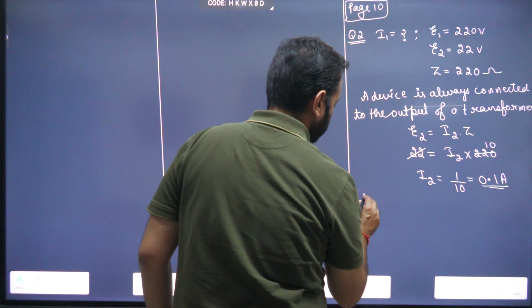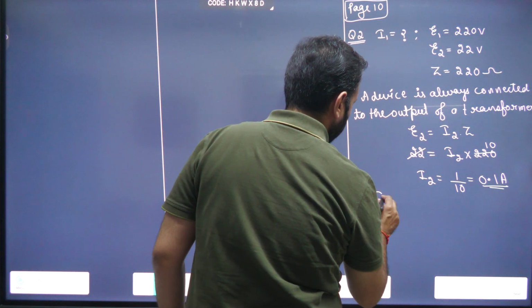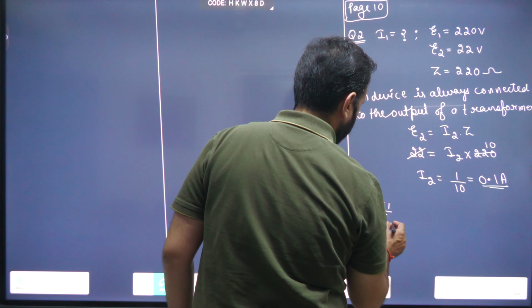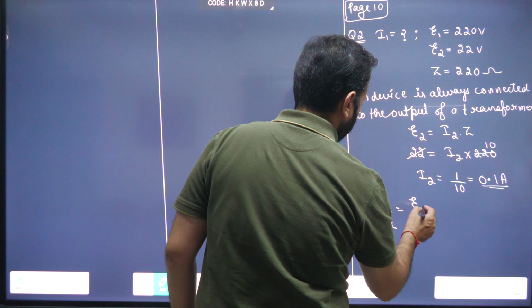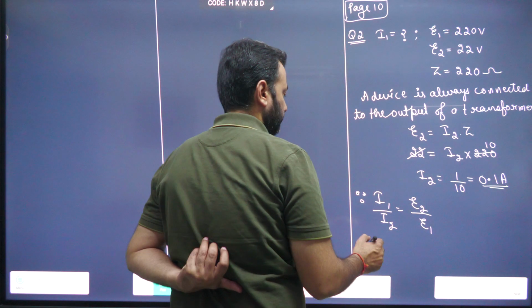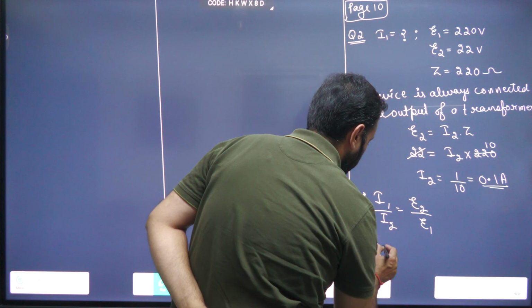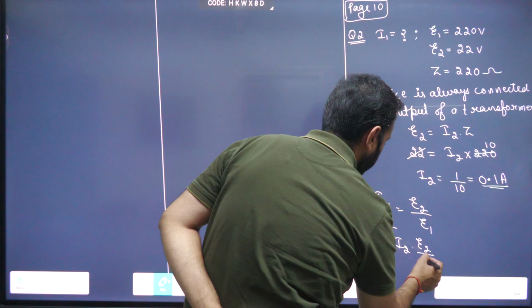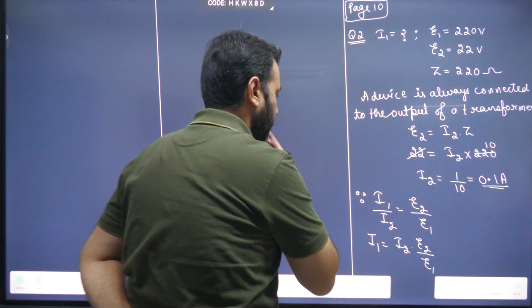Since I1 upon I2 is equal to E2 upon E1, I1 is equal to I2 into E2 upon E1.